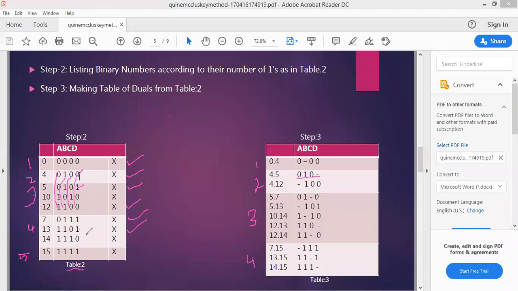And 10 is compared with 14. There is one difference at bit position B. So here we are marking 14 as grouped and 10 as grouped. So we are grouping that as 1 dash 10.